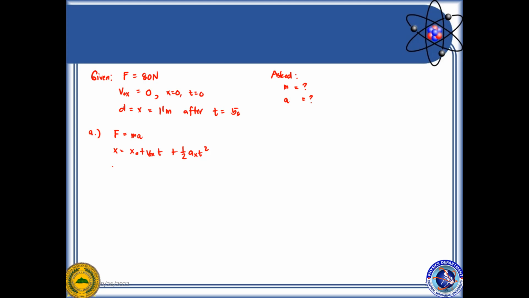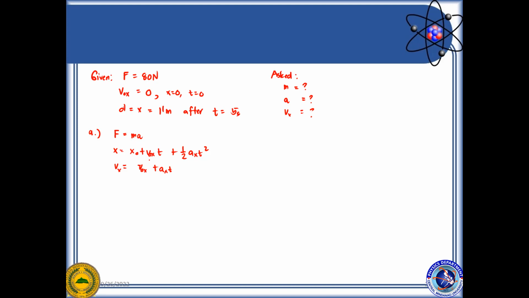To find the velocity, we will also use another kinematics equation. So the velocity along x can be obtained using v sub x equals v naught x plus a sub x times t. The following are asked: the mass, the acceleration, and then we will find the velocity afterwards.